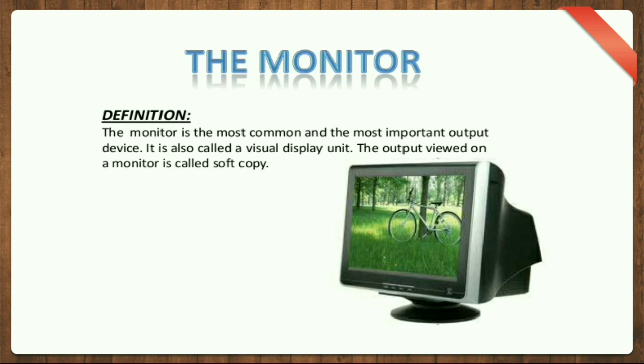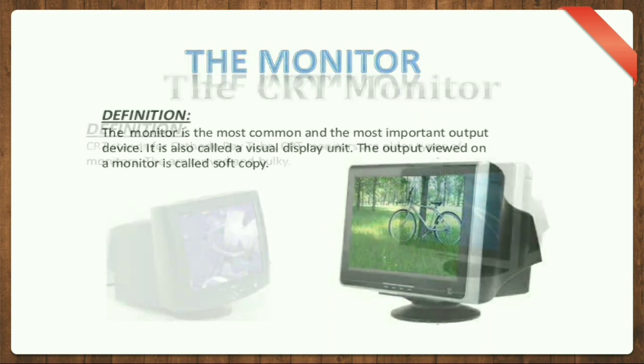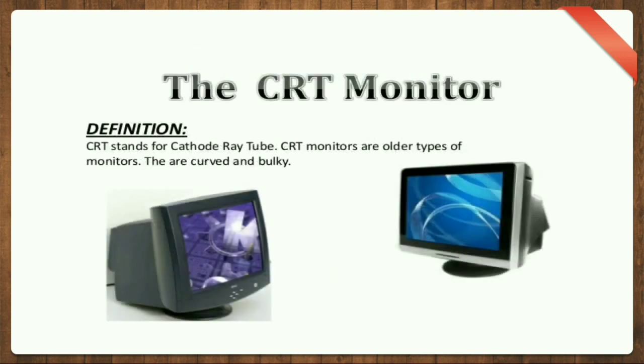The output viewed on a monitor is called a soft copy because we can only see but we cannot touch. So the output that we see on the monitor screen is called soft copy, and usually we are using a monitor to see the output.